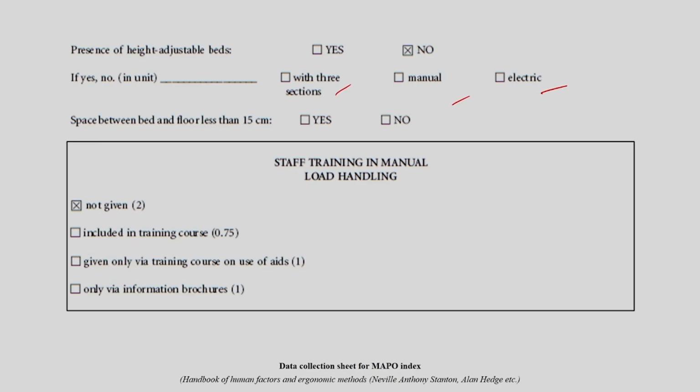Here in this case it is not given, so the value is 2. We mentioned: if training is included then 0.75, if it is there but not fully then 1, and if it is not there at all then the value is 2. So in this particular case the value was 2.